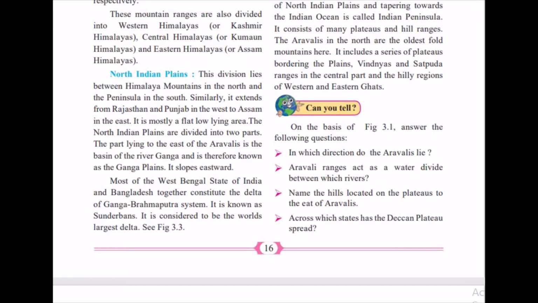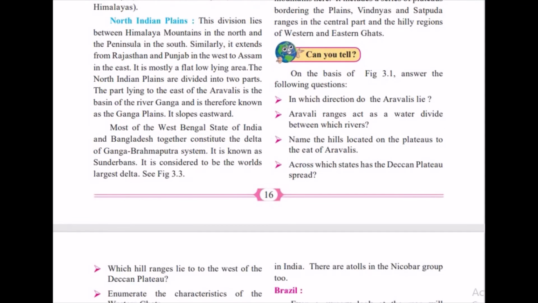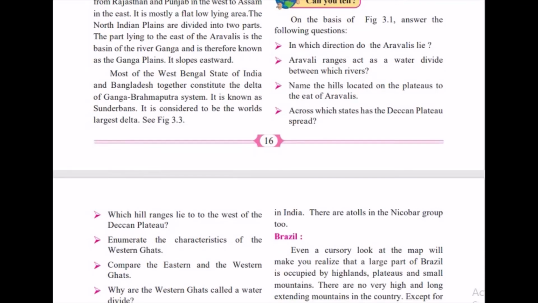And children, this is somewhere you need to do an exercise. That is, you have to answer these questions. In which direction do the Aravalli lie? Second, Aravalli ranges act as a water divide between which rivers? Name the hill located on the plateau to the east of Aravallis.